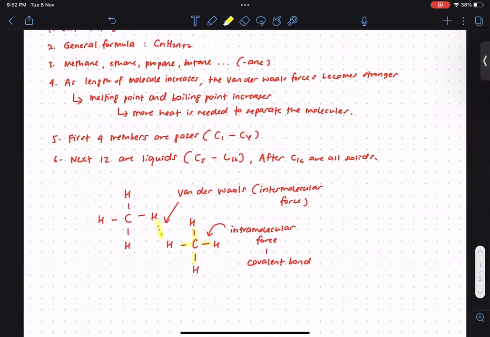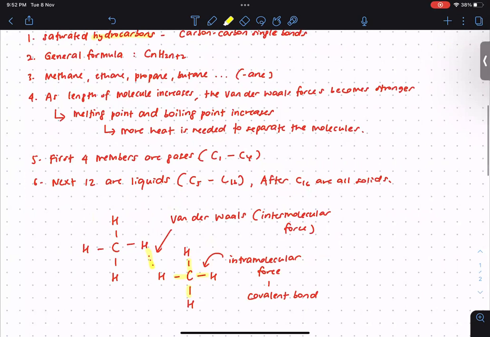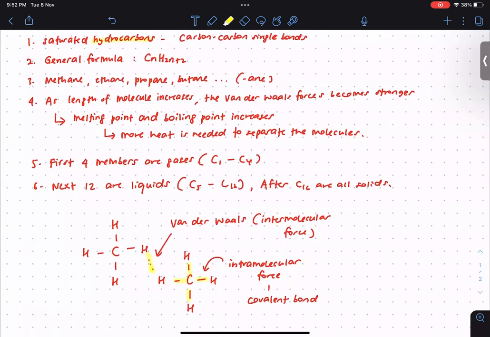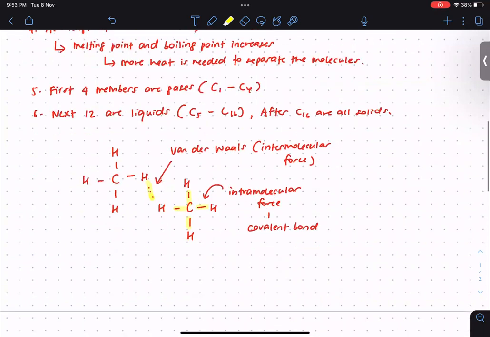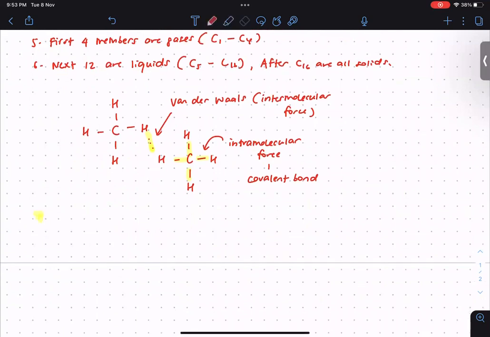Okay, so I think that's pretty much everything about alkanes in terms of their physical properties. If you want others, the common ones are the same as any covalent compounds. If you want to add additional ones, you can add things such as insoluble in water but soluble in organic solvents.